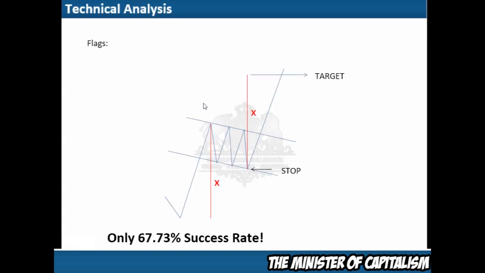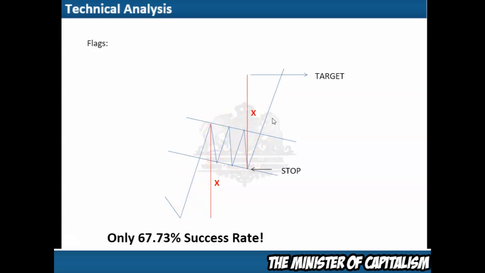And here we've got flags. Flag patterns generally signify trend reversals or breakouts after a period of consolidation. They're shown with the flagpole to the left of the trading pattern before they trade within a range. So this would be considered the flagpole. You can see how it's trading within this range here, pretty tight.